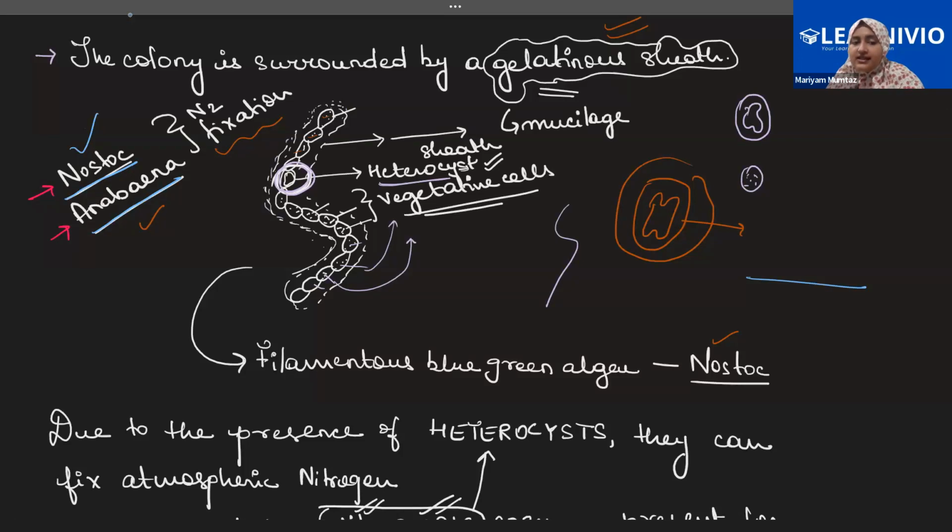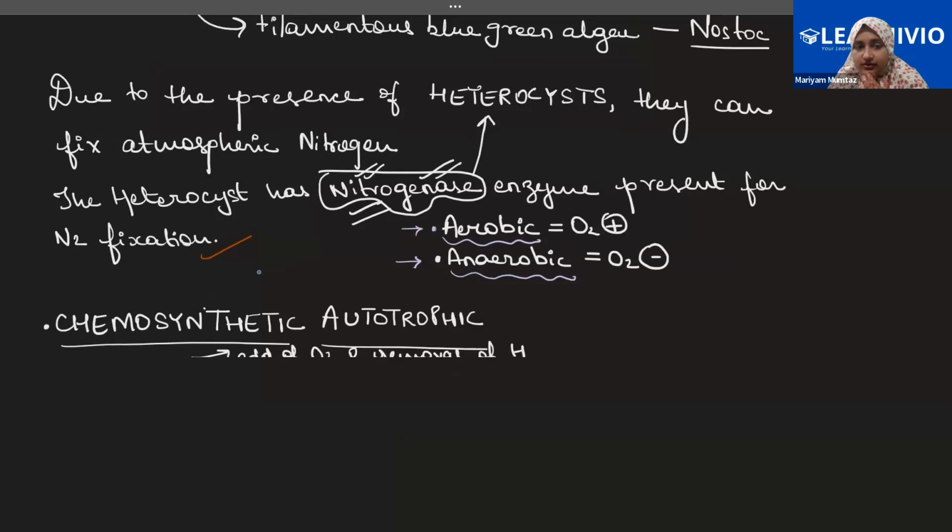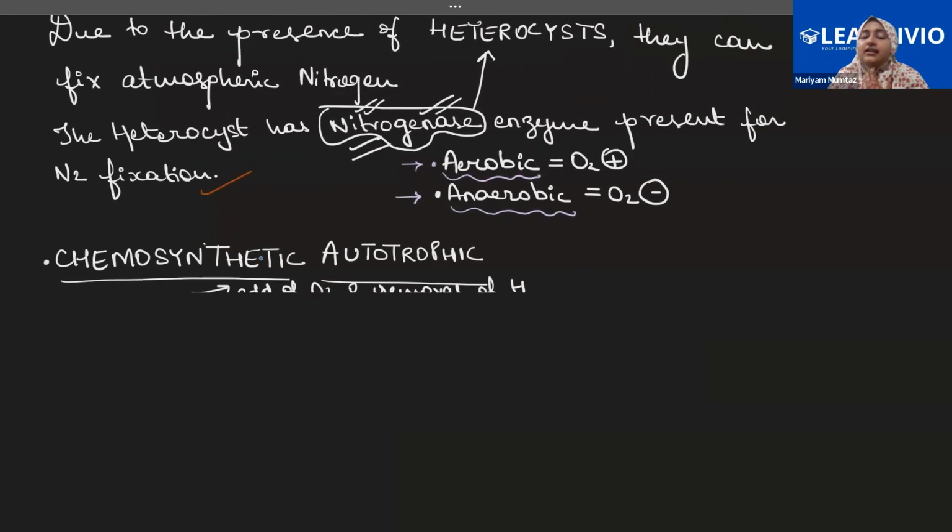Now, the heterocyst is responsible for nitrogen fixation. It is a special cell. Apart from that, all the other cells are known as vegetative cells. So, due to the presence of heterocyst, they can fix atmospheric nitrogen. The enzyme which is present in the heterocyst is known as the nitrogenase enzyme. This enzyme helps in the process of nitrogen fixation.